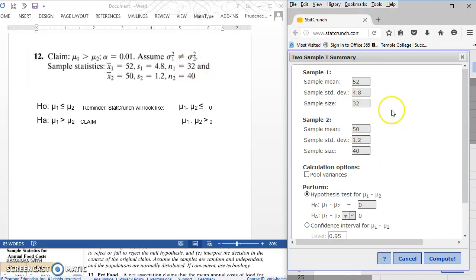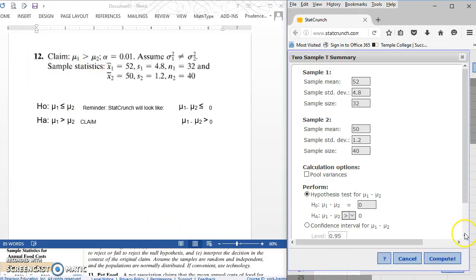It's going to calculate that information for you. But you do have to tell it that the difference, mu1 minus mu2, is greater than 0. We can't change the equal sign here, but I can change my alternative hypothesis to be greater than, which is what we see in the claim, and that's actually our alternative hypothesis.